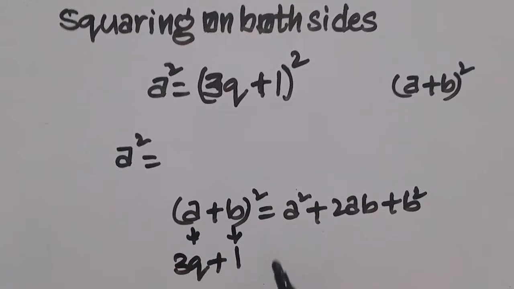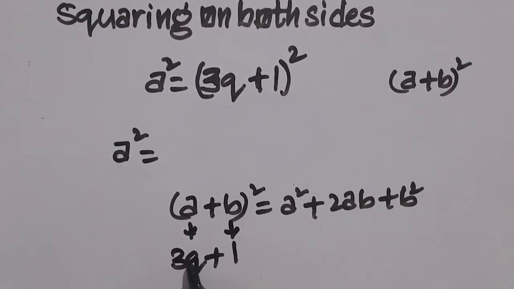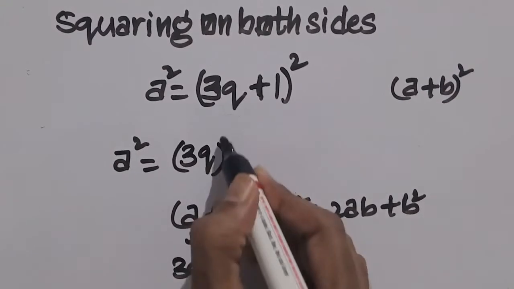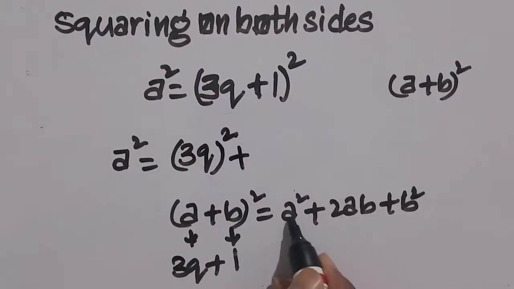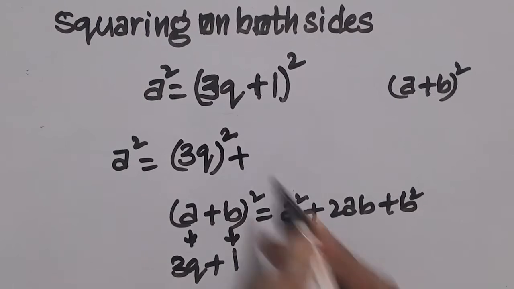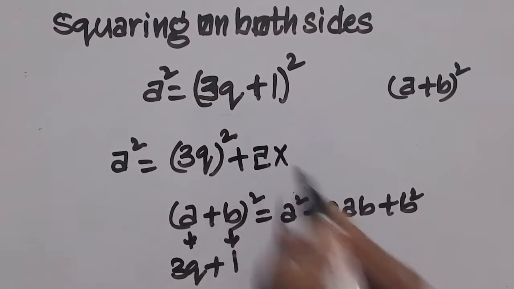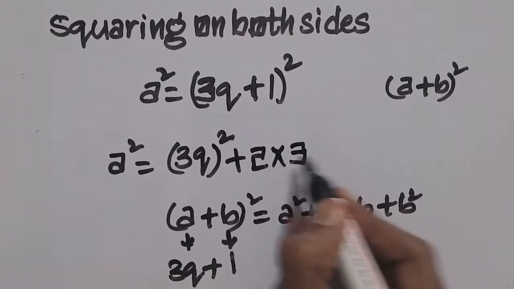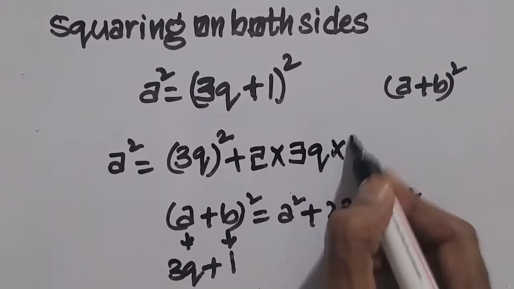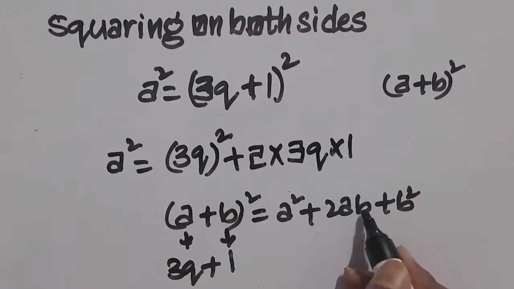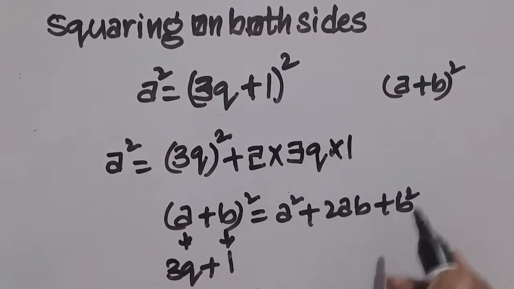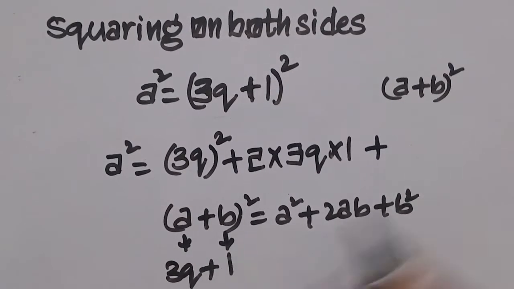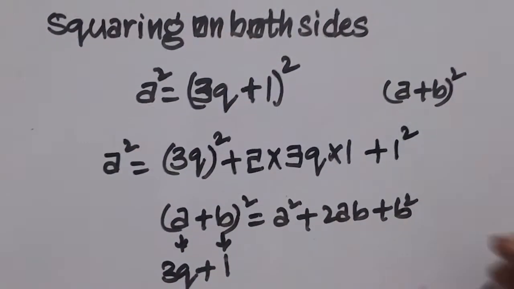So a square is 3q whole square, plus 2 into ab, that is 3q into 1, plus b square, that is 1 square.